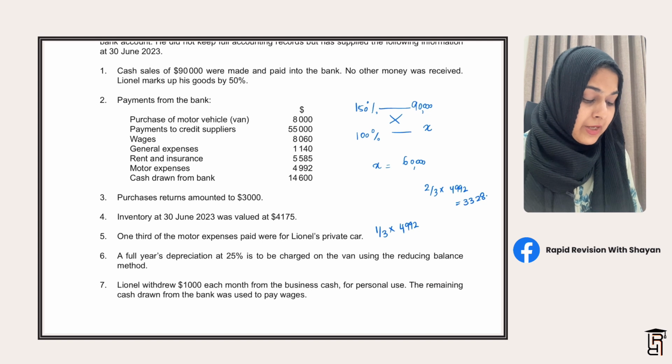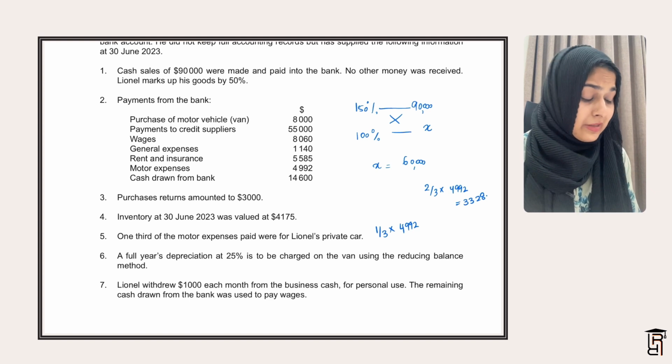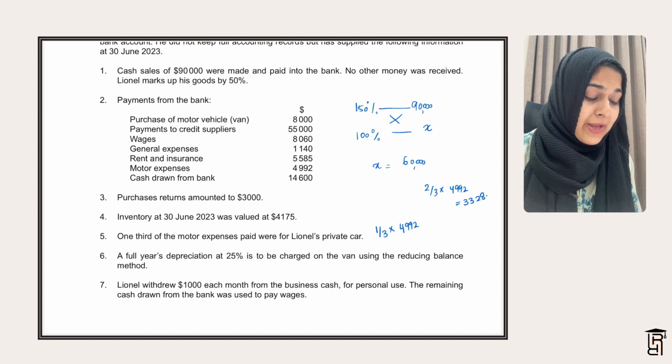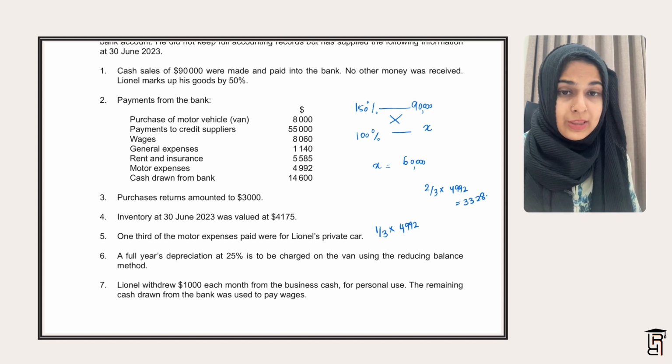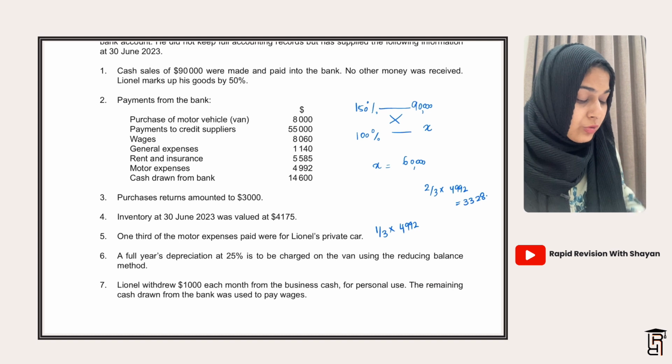2,000 will be your depreciation for the motor vehicle. Then they're saying Lionel withdrew 1,000 each month from the business cash for personal use. So whatever he's taken out from the bank, 1,000 every month was for his personal use, so that is drawings. The remaining cash drawn from the bank was used to pay wages.